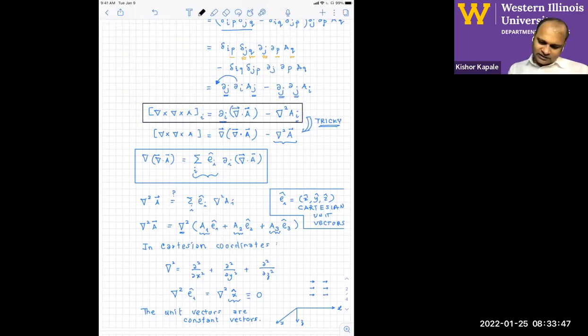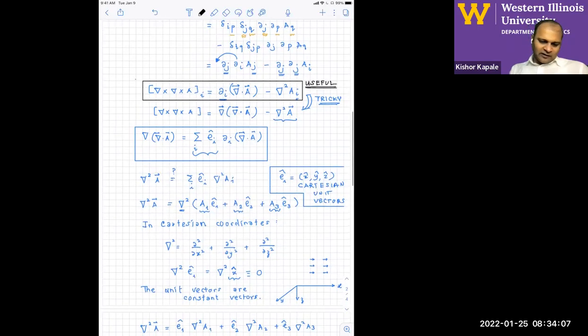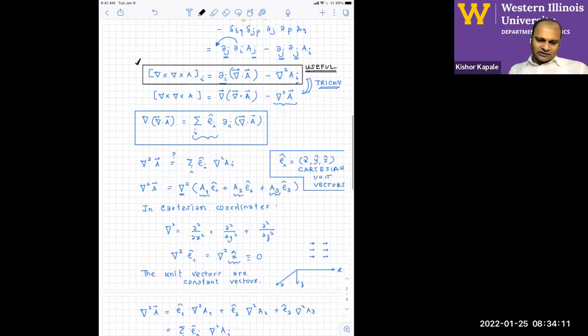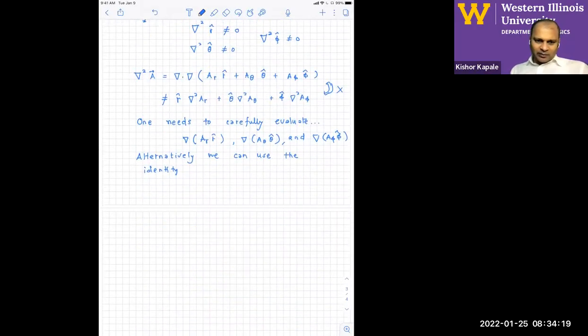Okay, so this is useful immaterial of which coordinate system you're talking about, because you're not doing these weird derivatives of the unit vectors, right? So this is useful. This is more universal than the corresponding vector relation. So we're going to use that relation to actually define what we mean by the r component or theta component or phi component of del squared.